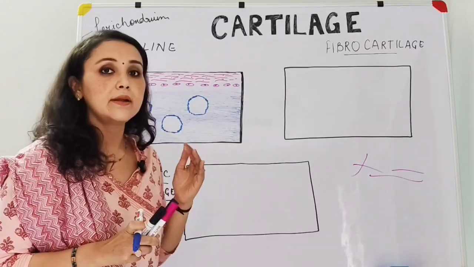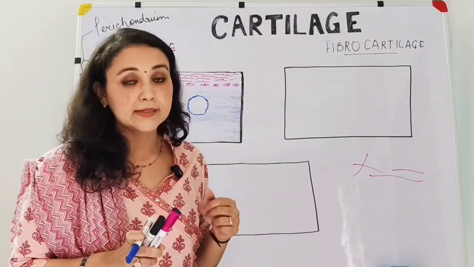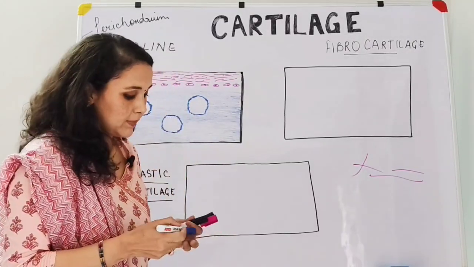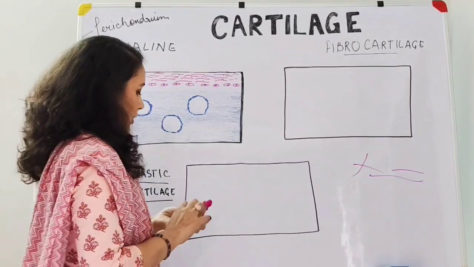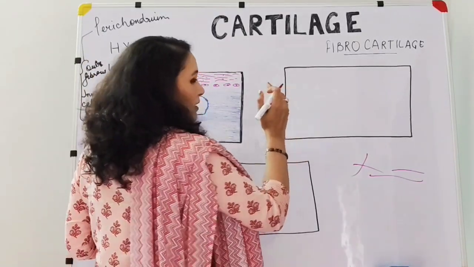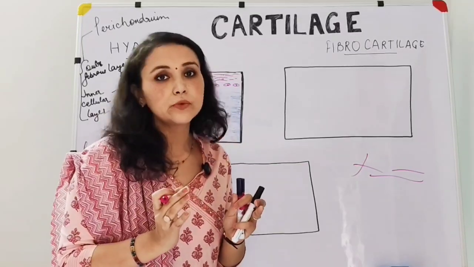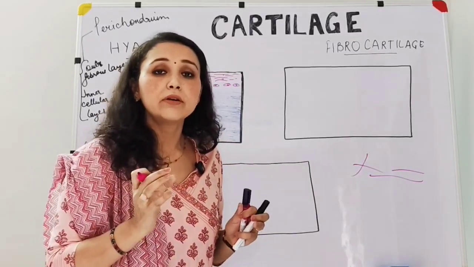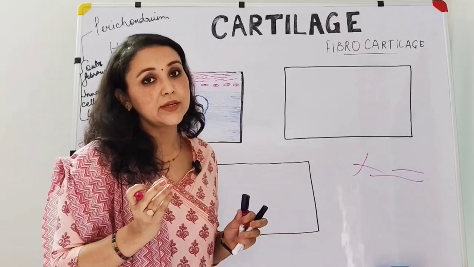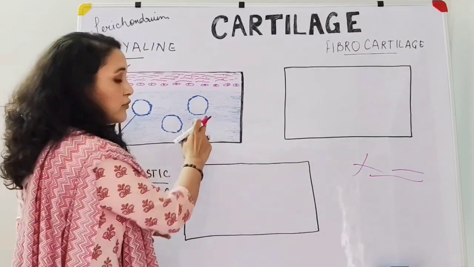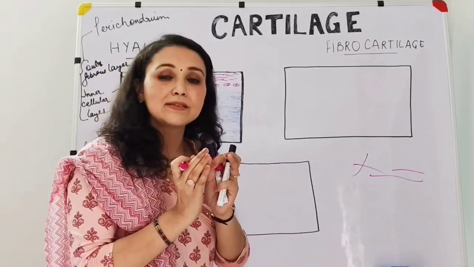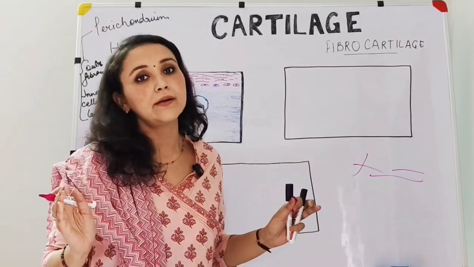Now in the lacuna there are chondrocytes or chondroblasts. How will you draw the chondroblasts? Chondroblasts have a feature that when they divide, they remain close to each other. There is a very important reason why: the matrix is so dense that it does not allow the cells to move far apart.